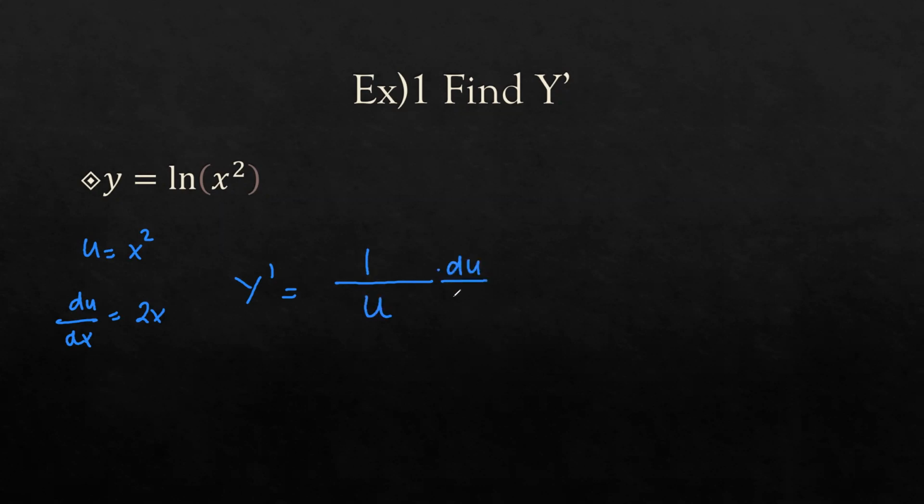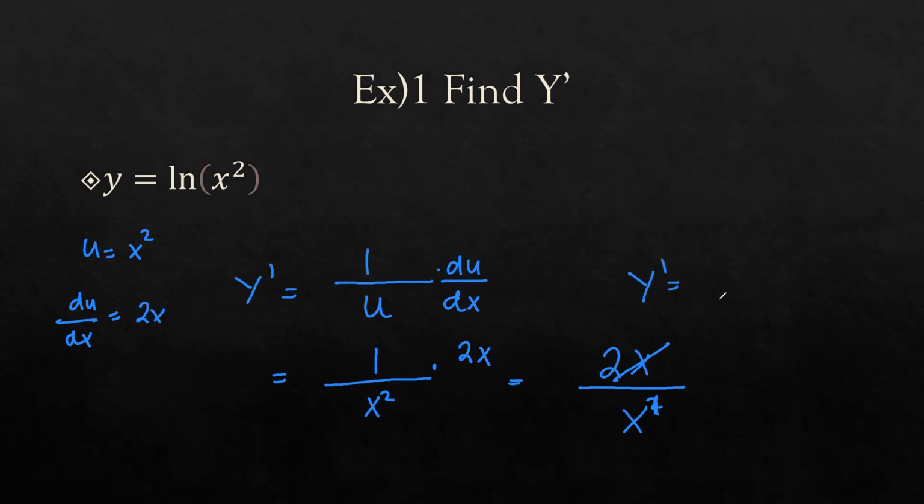That's all it is. So that means it's 1 over u, which is x squared, times du dx, which is 2x. When you clean that up, that's 2x over x squared. This x cancels, this becomes a 1. So your final answer is y prime equals 2 over x.